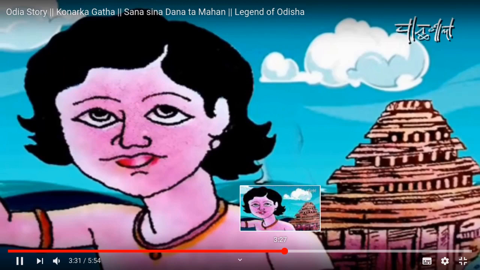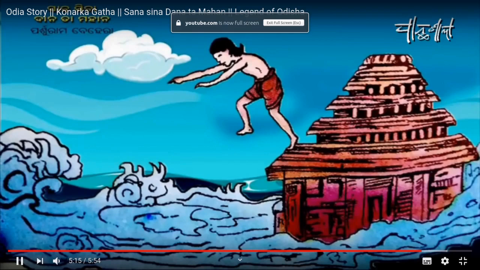And his son, whom he could not actually identify because he had been camping in this area for 12 long years, his son, who was only 12 years old, had come, and on learning that the king had threatened to punish the workers if this work was not completed overnight, his son Dharmapada Maharana was able to place the cupola on the top, but in order to save his father from embarrassment, he committed suicide by jumping from the top of the temple.